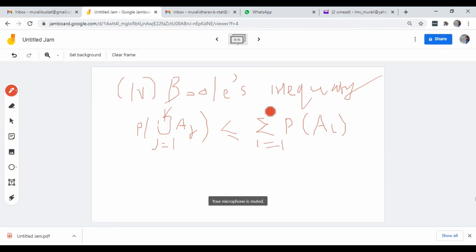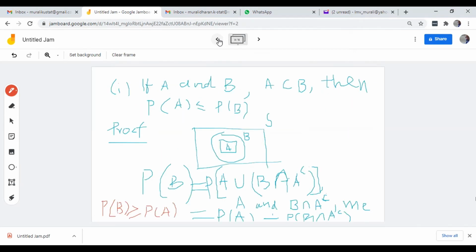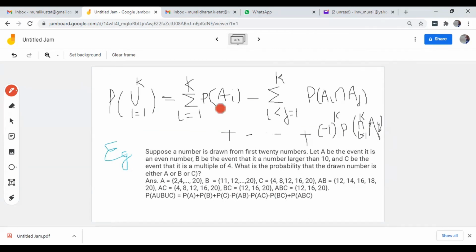Actually, this result can be deduced from the additive property. Probability of union Aj is always less than or equal to summation P of Ai. It is not necessary that the Ai are subsets of one another. Look at the general theory we wrote earlier for k events: the union of k events equals the sum of these events minus this plus this, so you are adding and subtracting many terms.